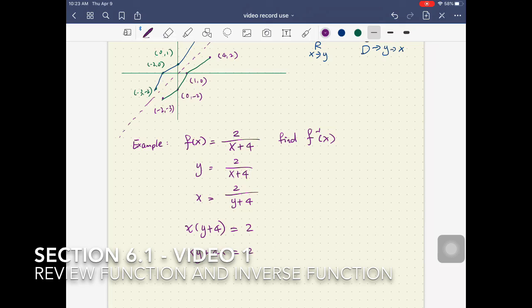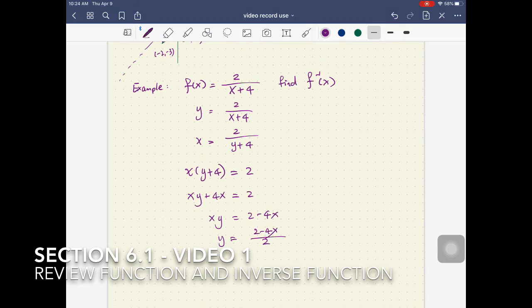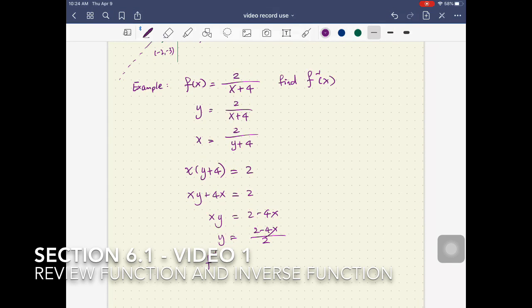Keep the y part, so xy will be on the left side, minus the 4x, and then divide by x. So the official inverse function will be 2 minus 4x over 2.